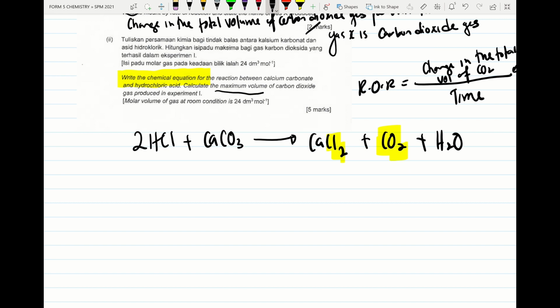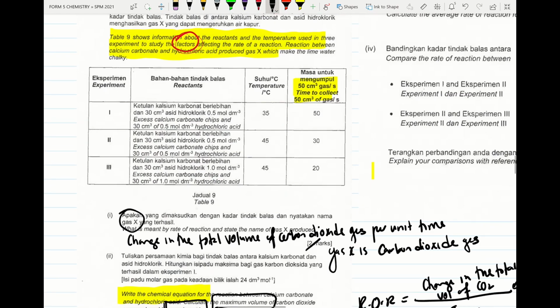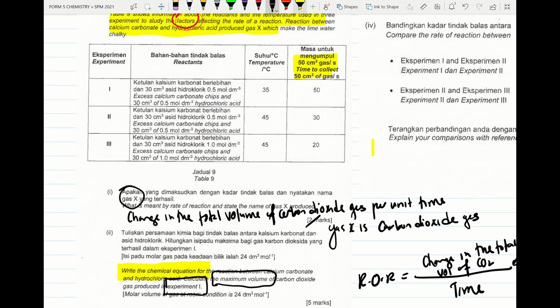Calculate the maximum volume of carbon dioxide gas given off in experiment 1. So we check what information is given in the question. Here we have 30 cm³, which is related to volume, and here we have concentration, known as molarity, of hydrochloric acid.